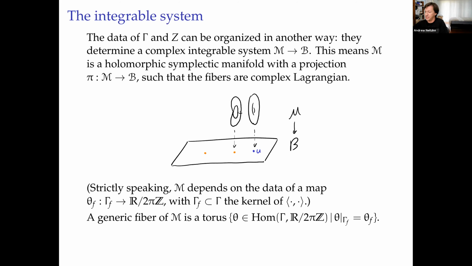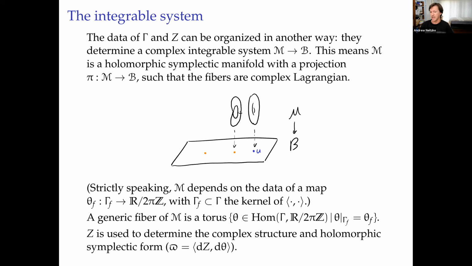So we have this complex integrable system. Well, I told you where it comes from in the C infinity world. I told you what the fibers are. I didn't tell you where you get the complex structure and the holomorphic symplectic form.